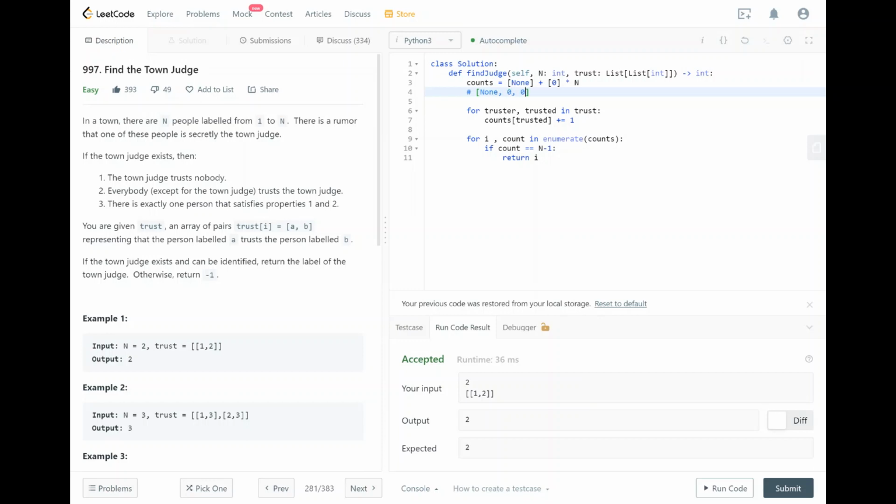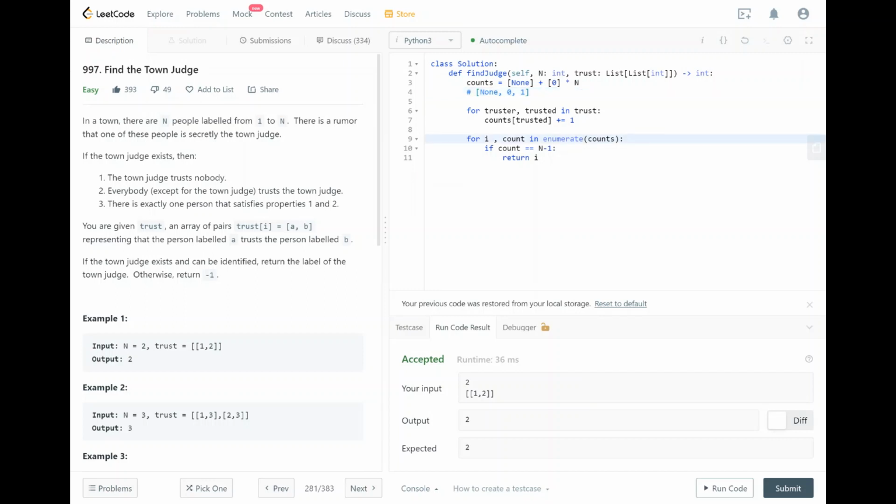Now let's take a look at the for loop at line 6. For the truster and the trusted in trust, we only have 1 item, 1 trusting 2. So we go counts at the trusted plus equals 1. In this case, our trusted is 2. So we go to counts at 2, which is right here. We're going to do plus equals 1. That turns to 1.